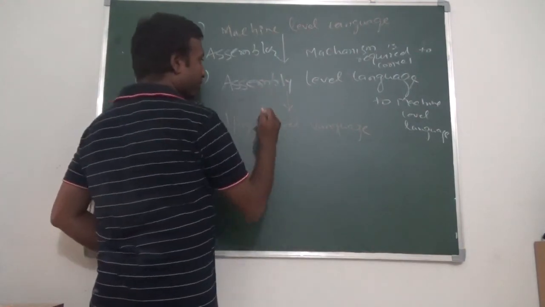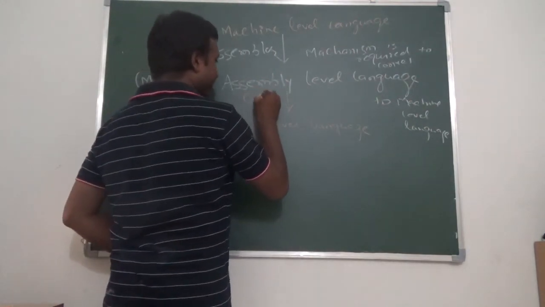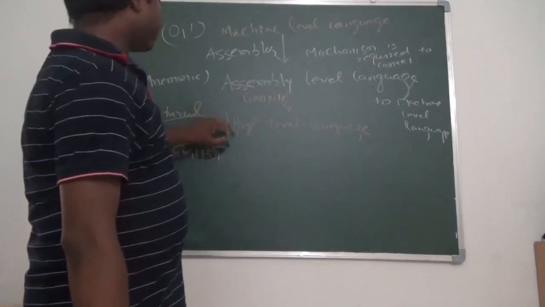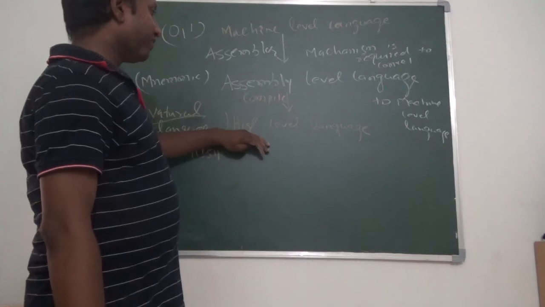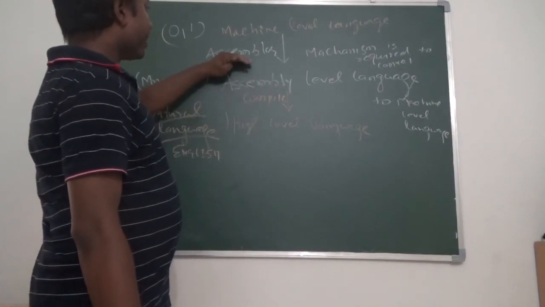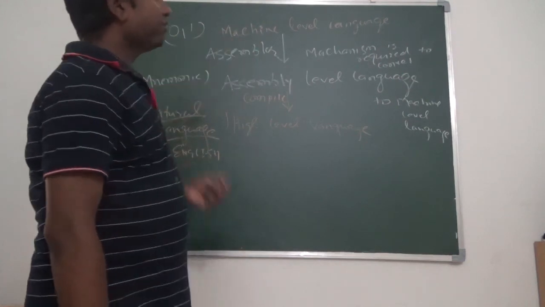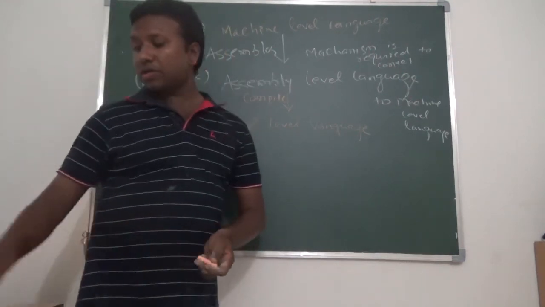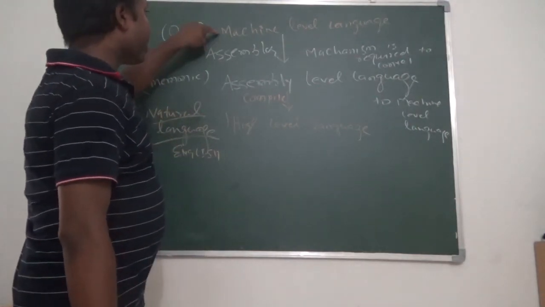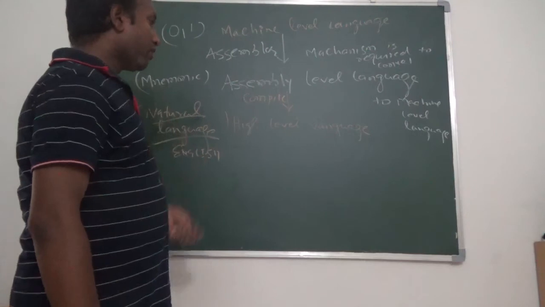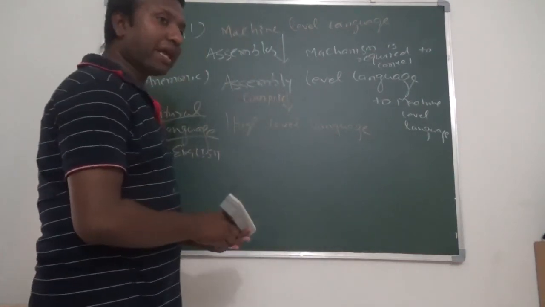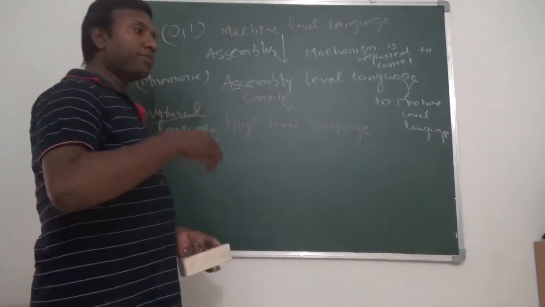But who will convert this is called compiler. So compiler will convert whatever you have written in the high level form to the assembly level language, and then the assembler will convert everything into the machine level language. So this is what the problem with the machine level language, and this is what the solution. We ultimately come to the high level language where the programmer is more confident.